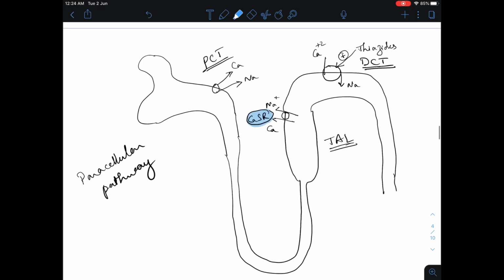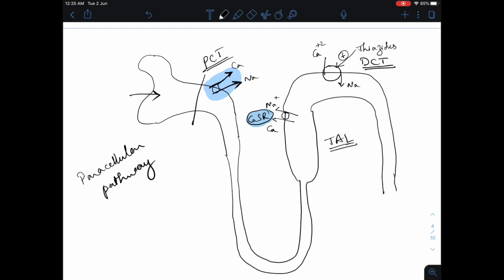And added to that, how this calcium is absorbed in the kidney is very important for understanding the homeostasis. Okay, calcium that is filtered from the glomerulus is absorbed in the late PCT in a paracellular pathway along with sodium.